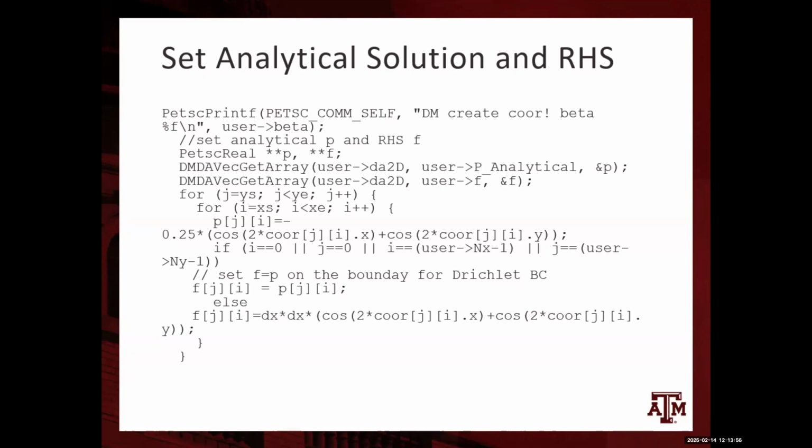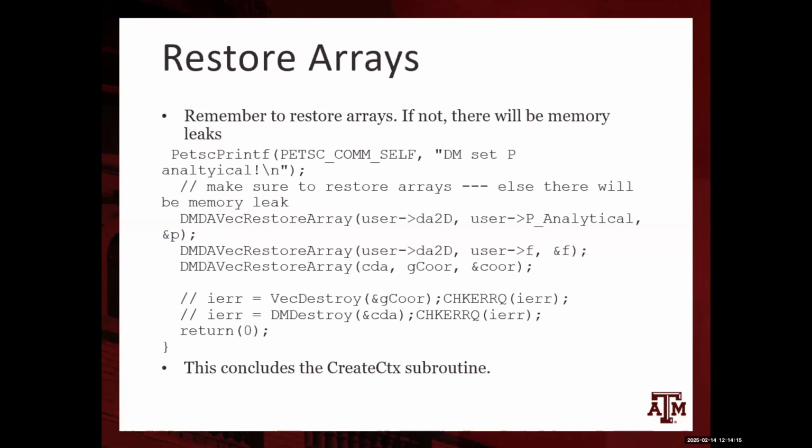Again, because this is J and I, and these are global, we can easily set the global values. We are not going to I+1 or J+1, which need local vectors. Now, after we are done with setting, we need to do a restore array.